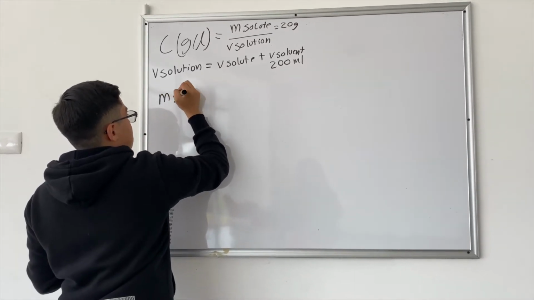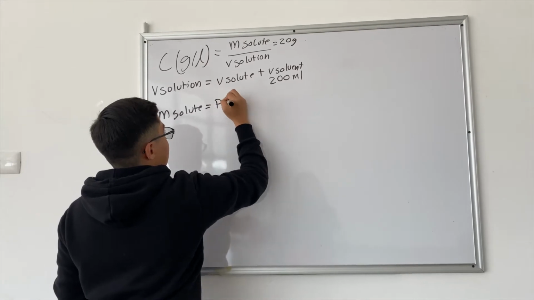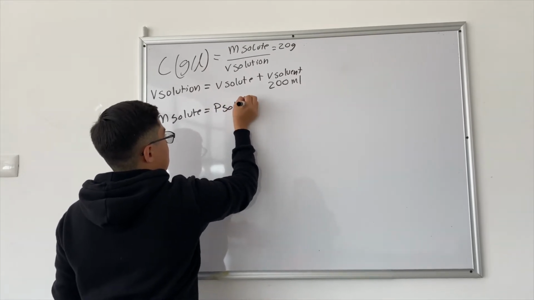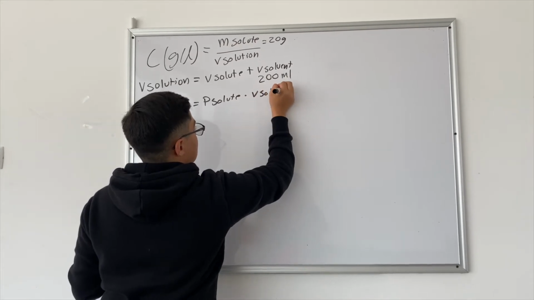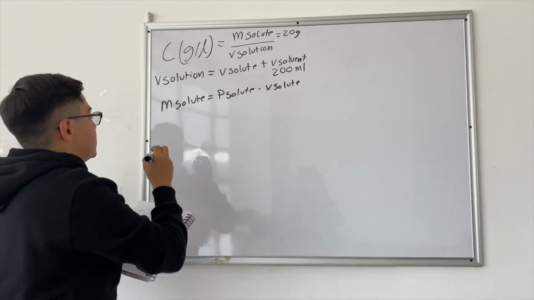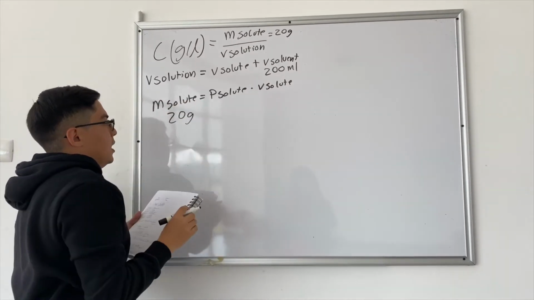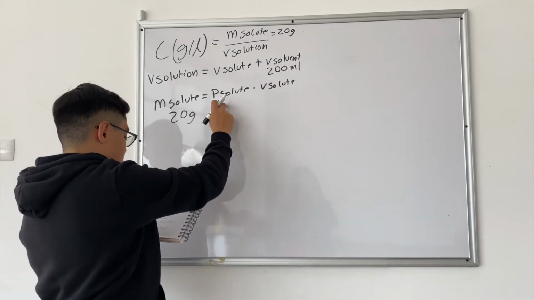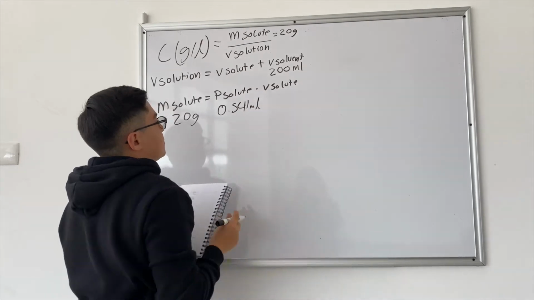Mass of the solute equals density of the solute times volume of the solute. So, according to our data also, we know that the mass of the solute equals 20 grams and the density of the solute equals 0.541 grams per milliliter.